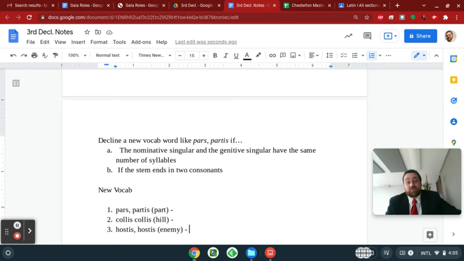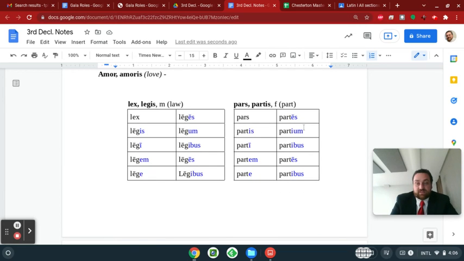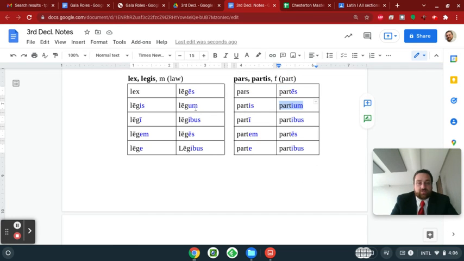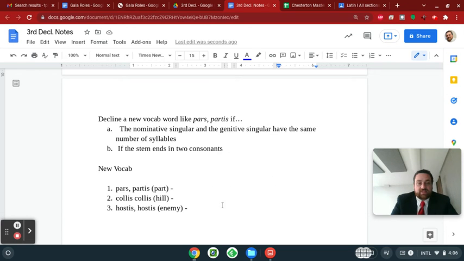So we know that when we decline hostis, hostis, which means enemy, we're gonna decline it like pars partus. So if we needed to say of the enemies, because that's the genitive plural, we would say hostium. We wouldn't say hostum by adding just um to the stem. We would say hostium. And the reason is because they have the same number of syllables. Hostis, hostis. Okay?